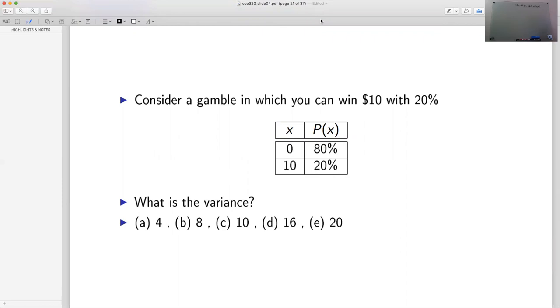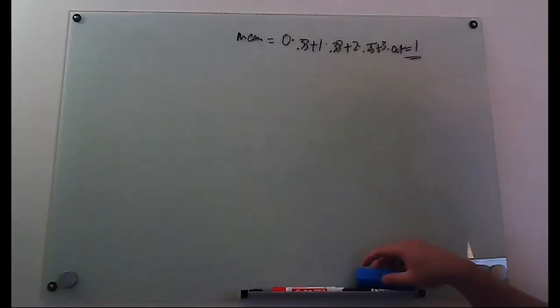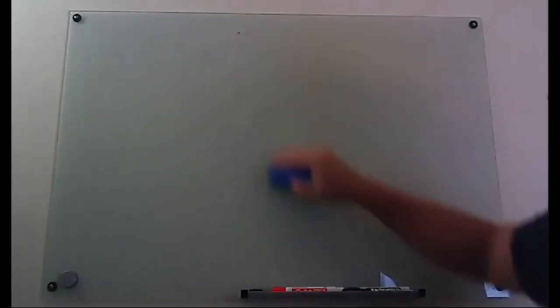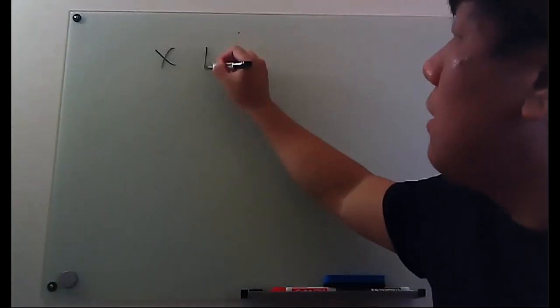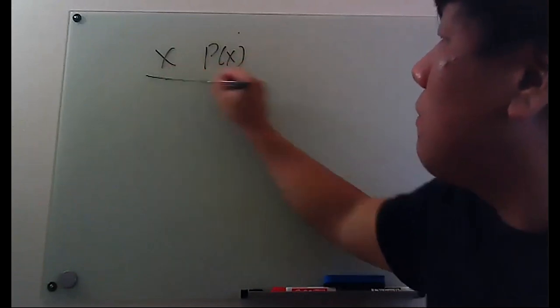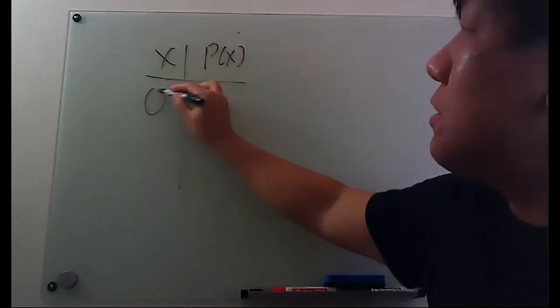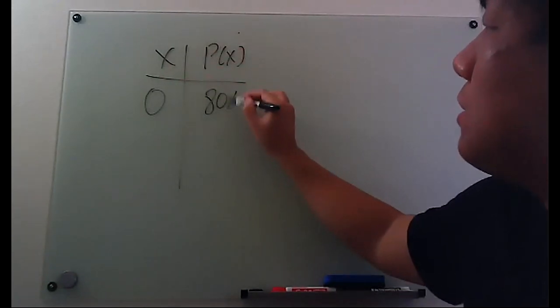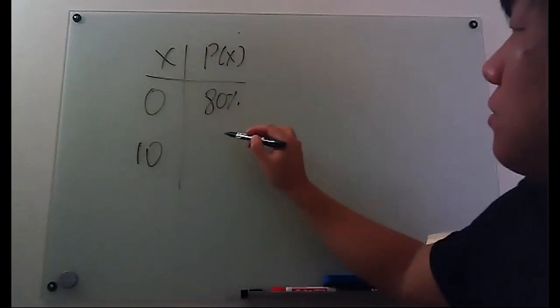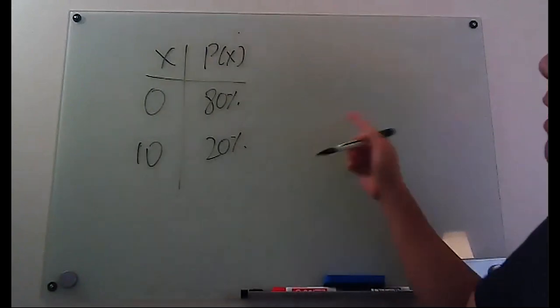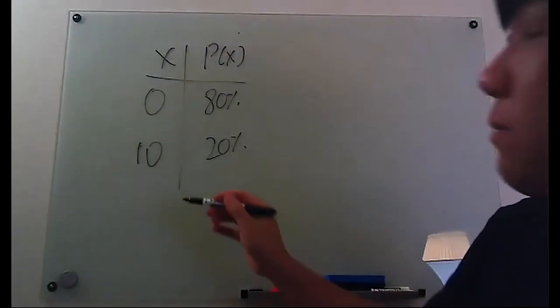First thing we want to do, if we want to get the variance, is find the mean. So it's 0 with 80 percent, and 10 bucks with 20 percent. First you have to get the mean.